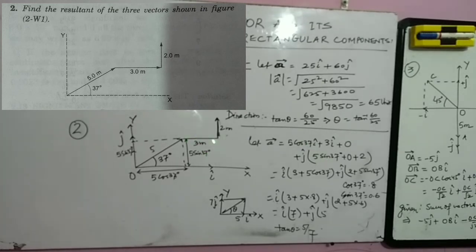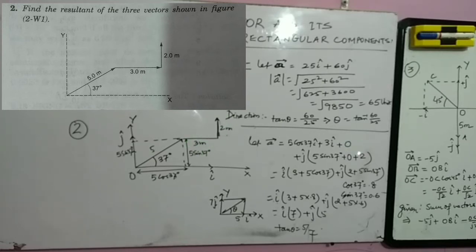Now this is the turn of 3 m, but 3 m is going parallel to the x-axis. It means it has got only one component, and that component is only along the x-axis, not on the y-axis. On the y-axis it has got 0 component. So we can write only 3i. So what will be its y component?